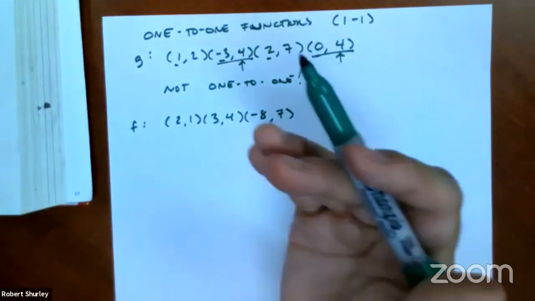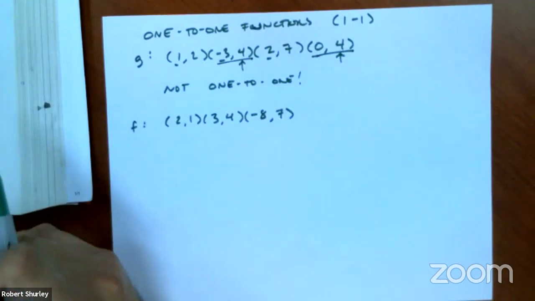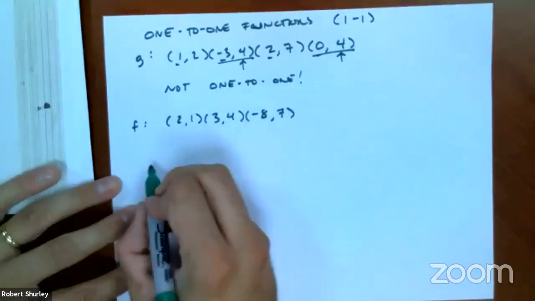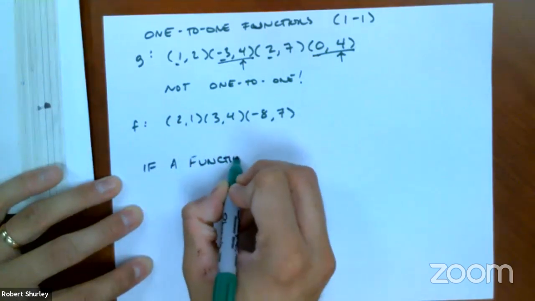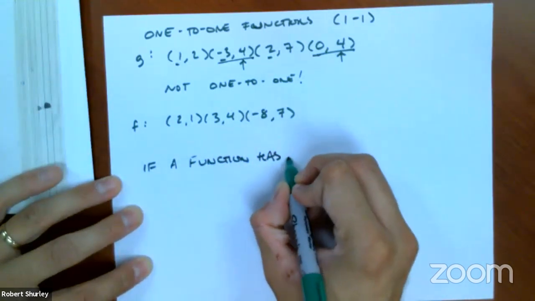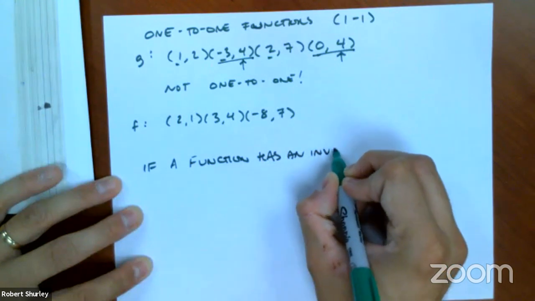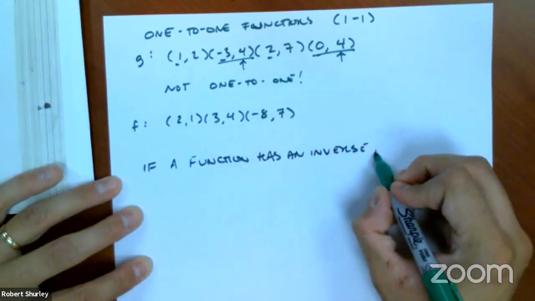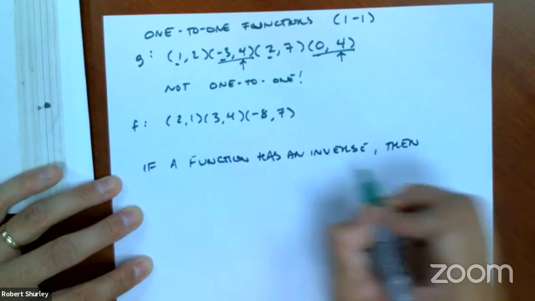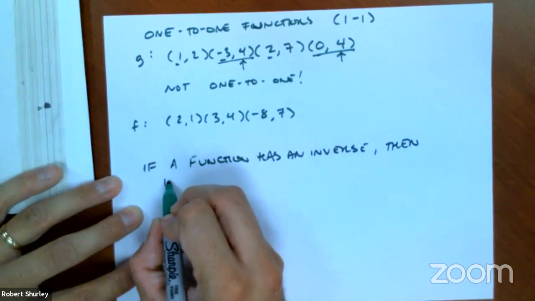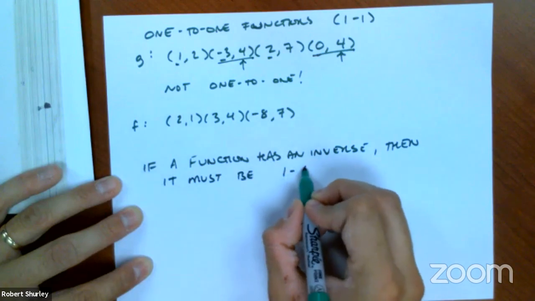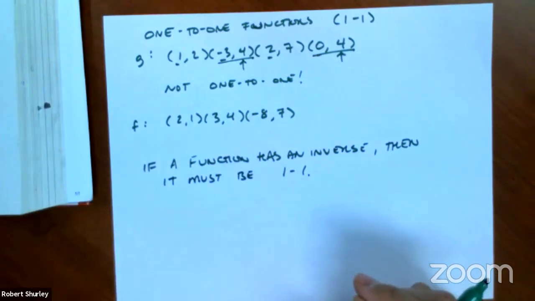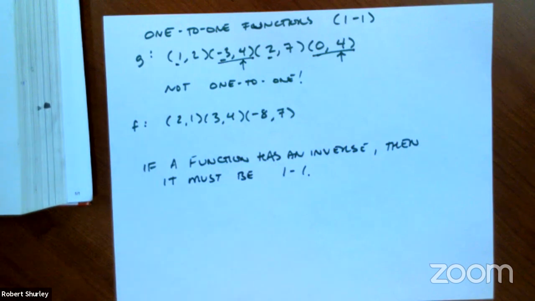So that's why, if a function has an inverse, I'm going to write this down: if a function has an inverse, then it must be one-to-one. Or you could write it as, for a function to have an inverse, it must be one-to-one.